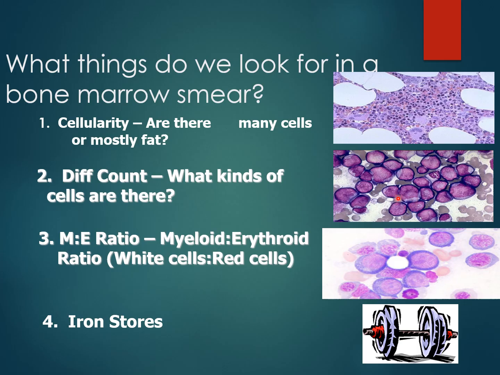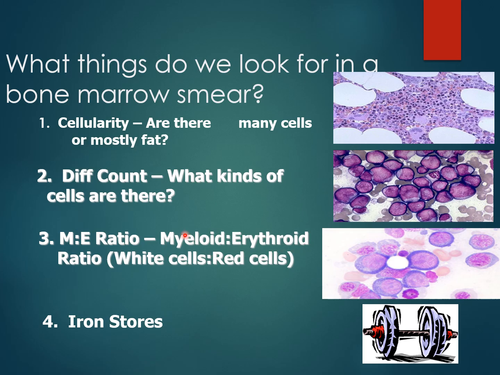But if you're seeing 90% myeloblasts, that's not really a normal population representation. So we're going to also look at the ME ratio, which is basically the myeloid versus erythroid.